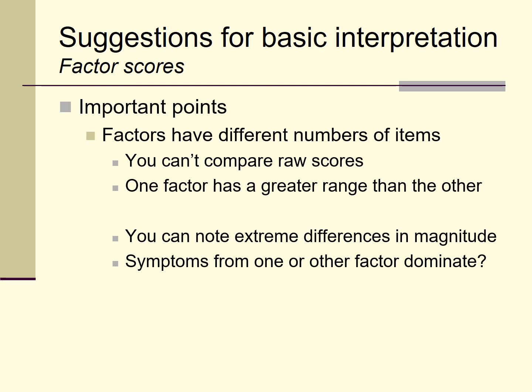But what you could do is take a z-score, I suppose, but what might be more likely is just to track change over time, and you can note extreme differences in magnitude, and note whether most of a person's total score comes from one factor as compared to another. But again, although we think of these things as distinct, and they are in some ways, in other ways they're really not. So with factor scores, you should be a little bit careful about over-interpreting.